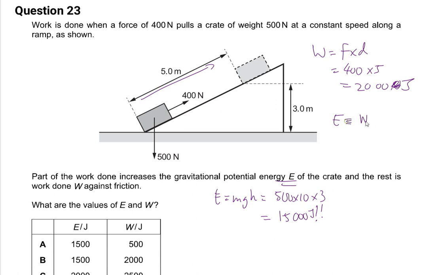Is the work done plus friction, or is the work done increasing the energy plus the leftover is friction? So this means that the work done is going to be greater, which is not the case. So this is the one. The work done is part of the gravitational potential energy, and then the leftover is turned into friction in this particular case.